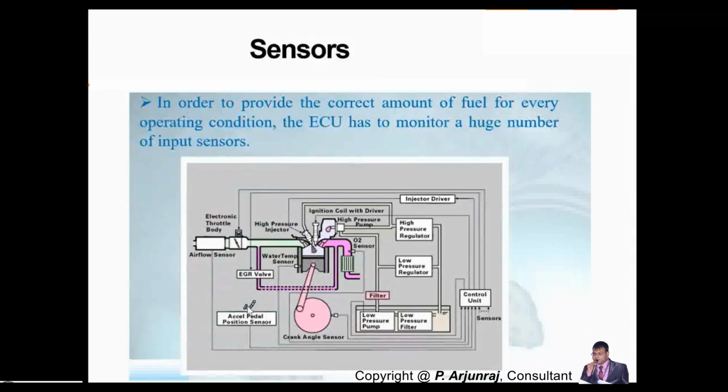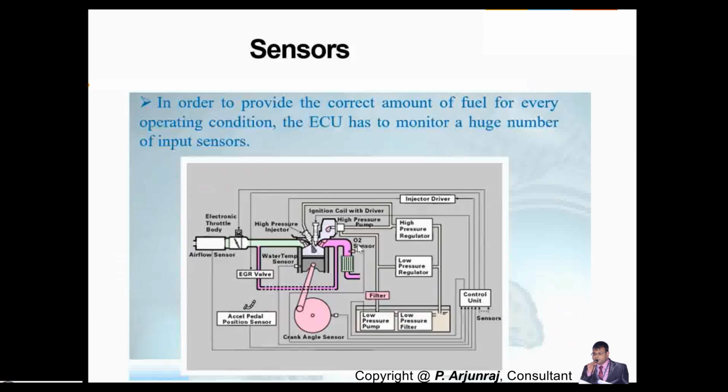So when the accelerator pedal is pressed, you give an intimation to the electronic control unit that you are going to increase the speed of the vehicle. When you give the signal that you are going to increase the vehicle speed or engine speed, the control unit gives a signal to the injection system, and accordingly the injection gets injected.